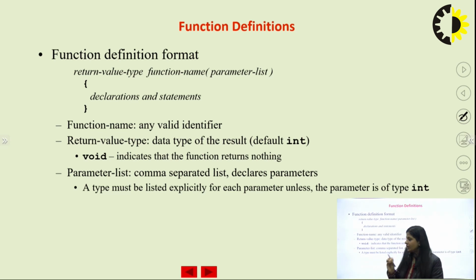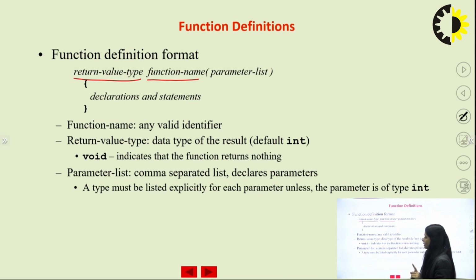But we have to include the return value type, that is, what type of value this function is going to return. Number one. Then the function name. What is the function name? Any valid identifier we can use over here. The function name is a user defined valid identifier name.